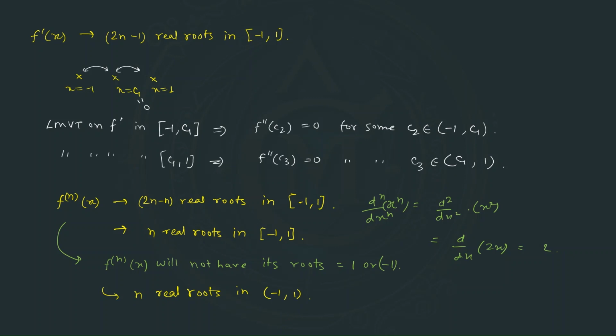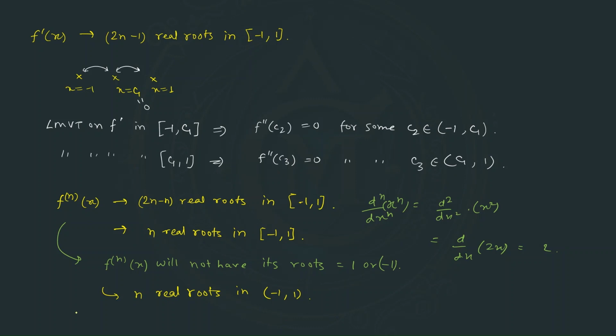But what about the term distinct? So we can say, as we can see in the previous examples, that the roots of f dash x separate the roots of f double dash x. So we can say the roots of f n minus 1 x will also separate the roots of fn of x.